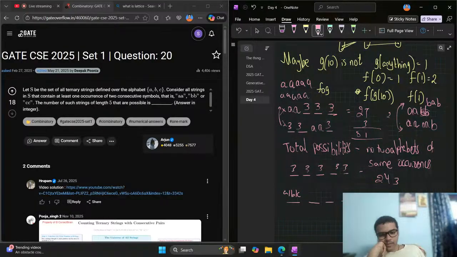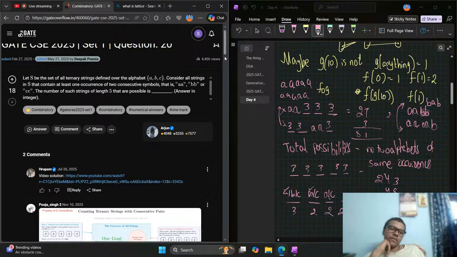You cannot place A here, so you can place either B or C here. If you place B here, let's say, you can place A or C here. So three ways, two ways, two ways, two ways, and two ways. Alright, 16, 48, 195. Okay, got it.